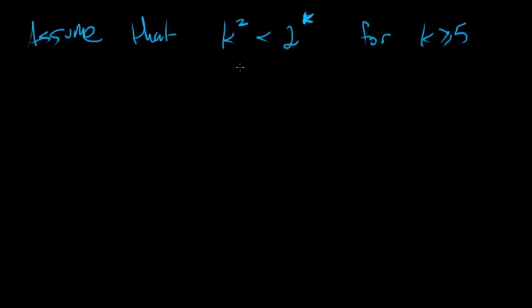We need to show that this fact being true implies the k plus 1 case. So we are going to use the inductive hypothesis at some point. We need to prove that k plus 1 squared is less than 2 to the k plus 1. This is what we want to prove.